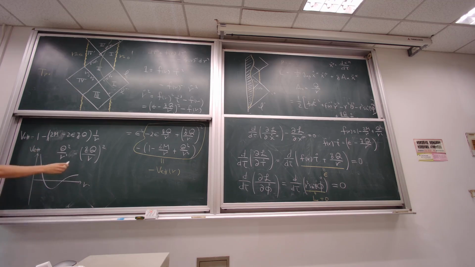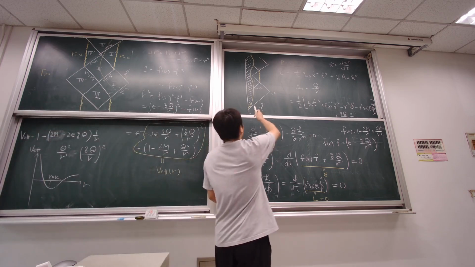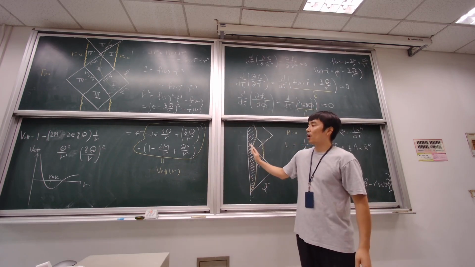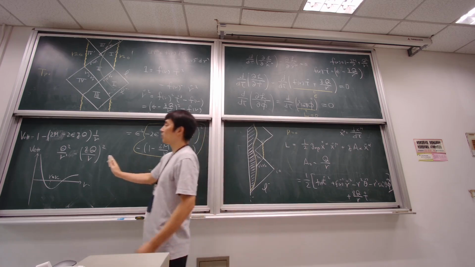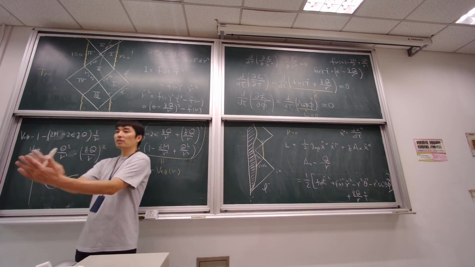There is some repulsion because of this 1 over R square, and then it becomes like this one. This is R roughly equal to R minus. So if R is less than R minus, there is some electric repulsion because of this V effective potential, and it bounces back.